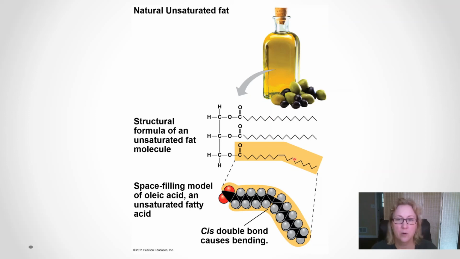So if your oil has a lot of oleic acid, monounsaturated fat like olive oil, at room temperature it's going to be a liquid. But if you put it in the fridge, it should turn into a solid. And this is a good way to test your olive oil. If you want to know if your olive oil is mostly real olive oil, because there's a real problem in the olive oil industry right now with people adulterating olive oil with soybean oil and corn oil and adding a little green dye to it and selling it as pure olive oil.